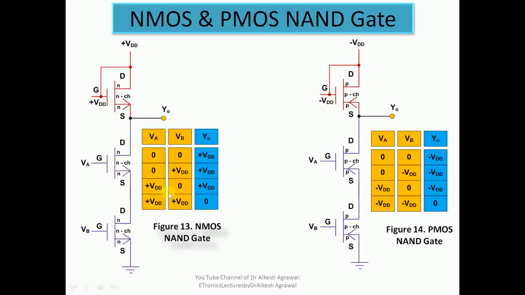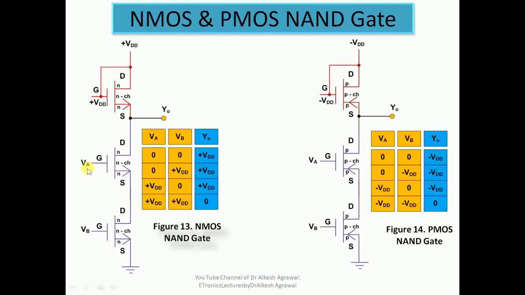In the second and third rows, if any one of the transistors has low logic input, so if V is low logic, this transistor will go into cutoff mode. If VB is in low logic, this transistor will go into cutoff mode. And if both are in low logic, again both are in cutoff mode.